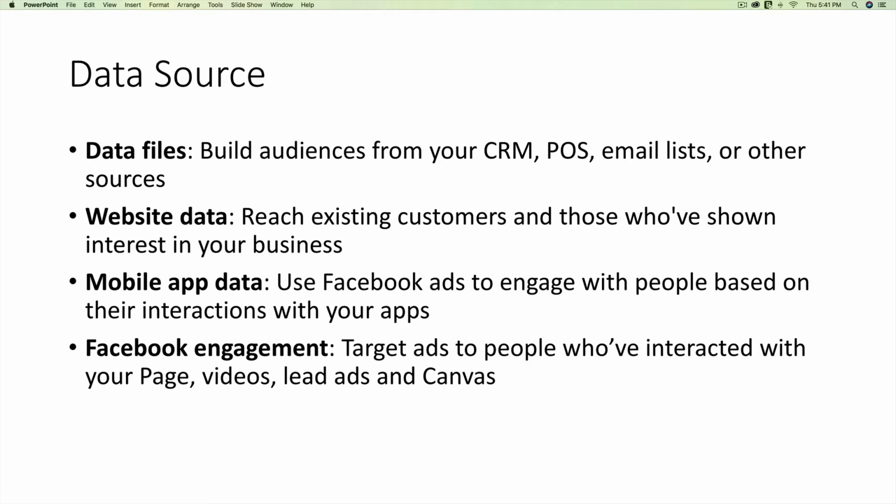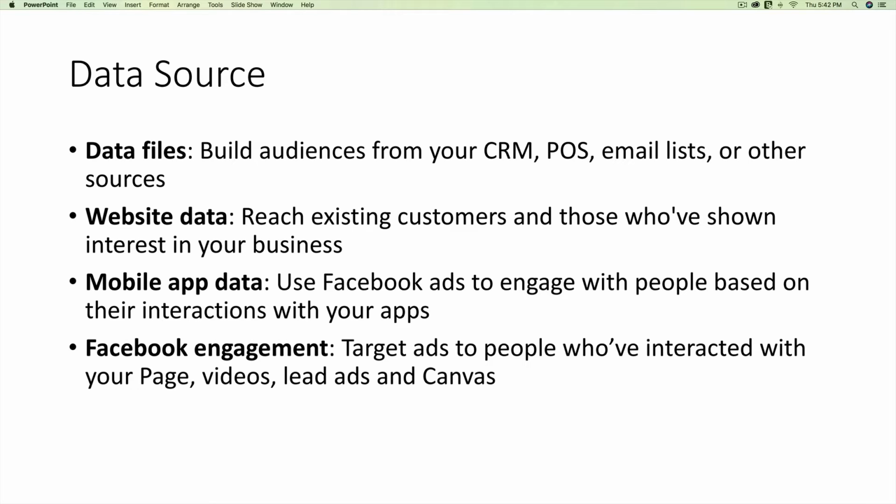Facebook engagement is really good for local businesses, and for people who are not comfortable putting the Facebook pixel on their website, or who don't have a website at all. These people can use their Facebook page to drive business. As I mentioned earlier in the Facebook page introduction, for local businesses, especially professionals, a lot of you can manage without a website if you have a good presence on Facebook.